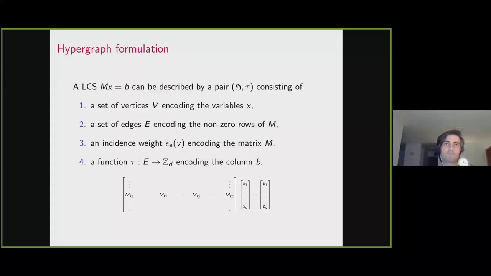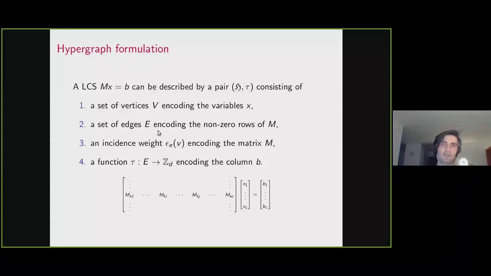The hypergraph formulation of linear constraint systems is a very convenient way of thinking about them. As I said, a linear constraint system comes from an equation Mx equals b. We can reformulate it using a hypergraph H and a function tau. The vertices of the hypergraph encode the variables x_1 to x_n.